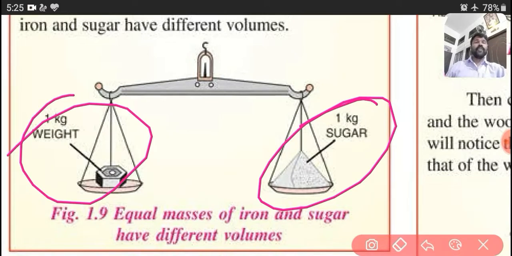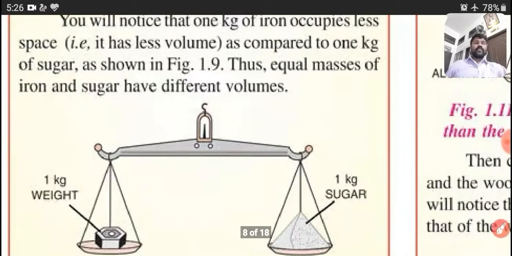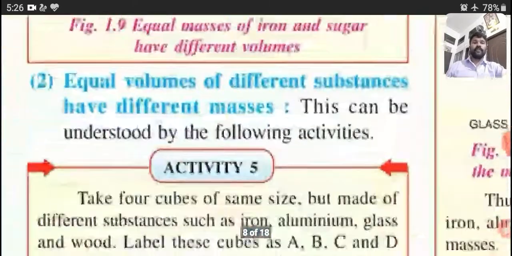Both are 1 kg. So thus equal masses of iron and sugar have different volumes.